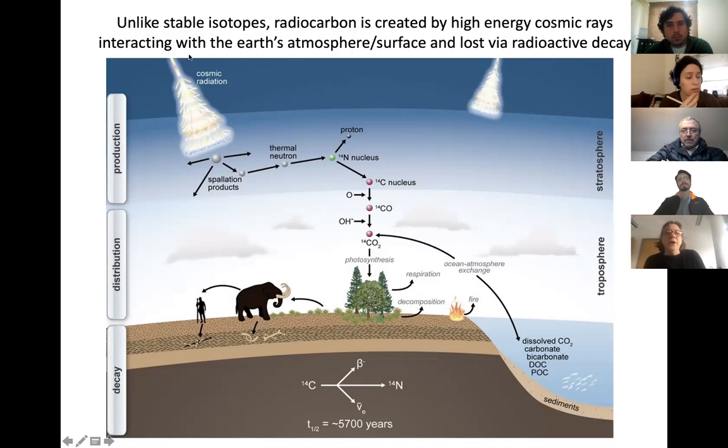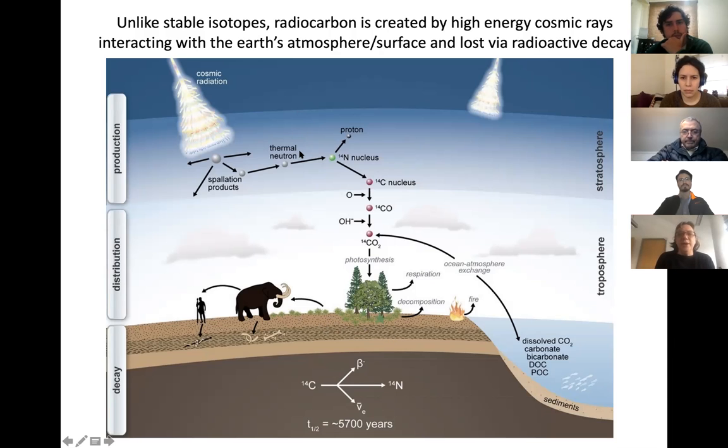Whereas radiocarbon is what's called a cosmogenic isotope. You need very, very high energies for nuclear reactions, and we get those high energies on Earth now only through cosmic rays, high energy particles that impact our upper atmosphere, breaking apart molecules and atoms. They also do this at the surface, but very little penetrates the atmosphere and gets to the surface.